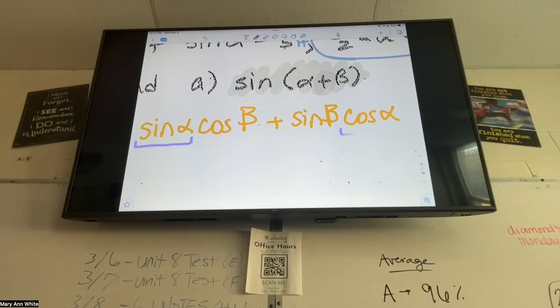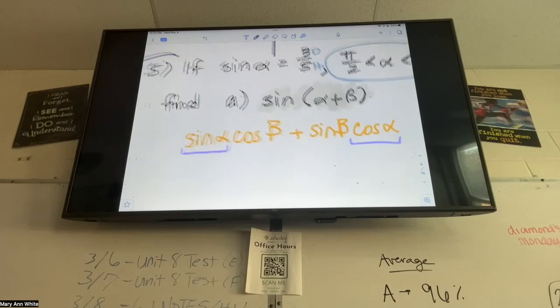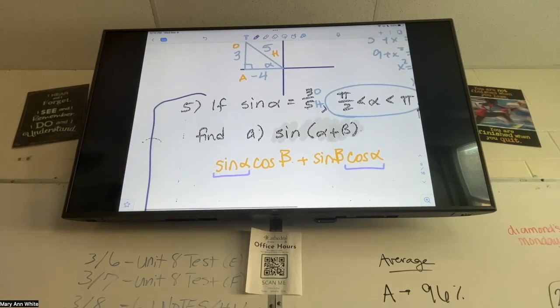Sine of alpha is gonna be opposite over hypotenuse, so that's gonna be 3 over 5. And then cosine of alpha is gonna be adjacent over hypotenuse, -4 over 5.